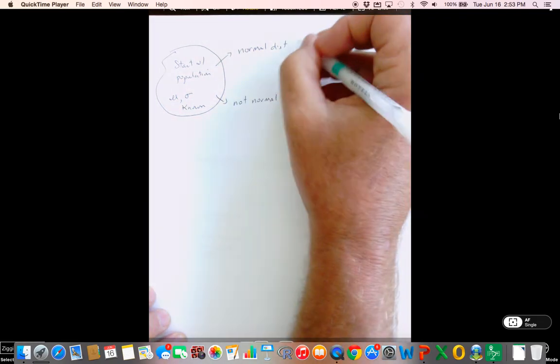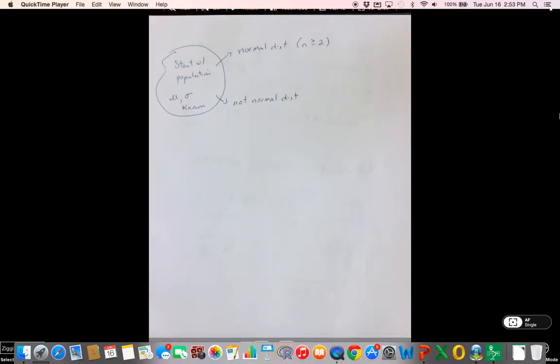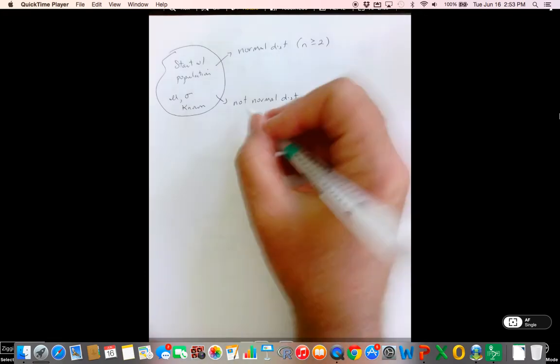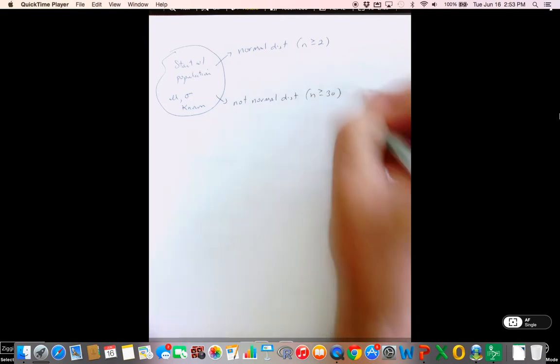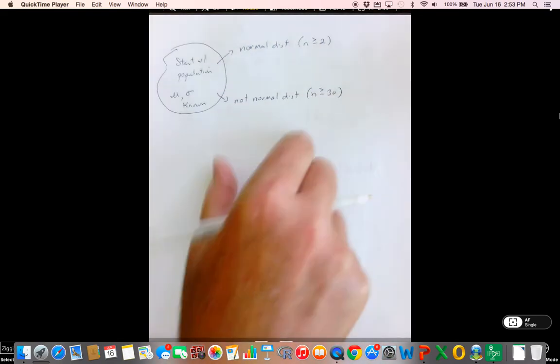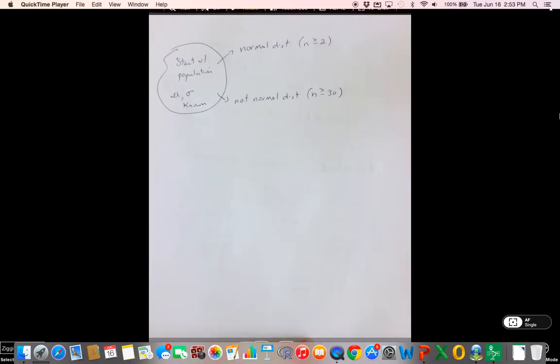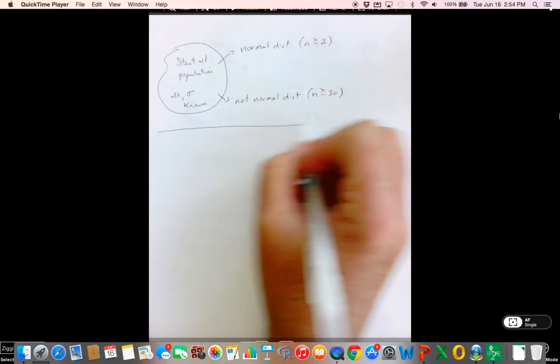If we have a normal distribution, we have the luxury of being able to work any problem as long as the sample size is 2 or bigger. If we have something that's not a normal distribution, then we have to bump up our sample size for all this stuff that's getting ready to happen down here. We need to bump up our sample size to 30 or bigger. Now, next thing, as I told you before, start random samples.